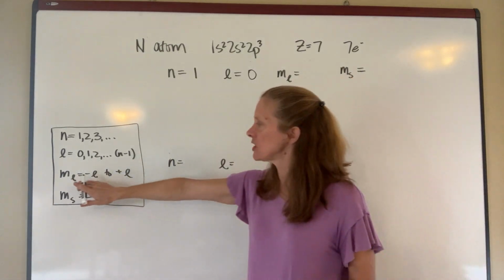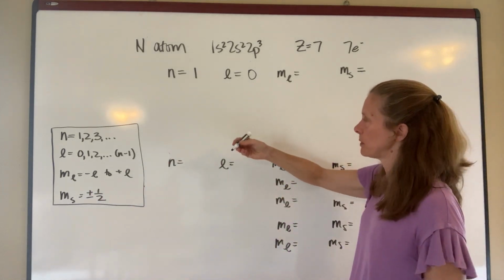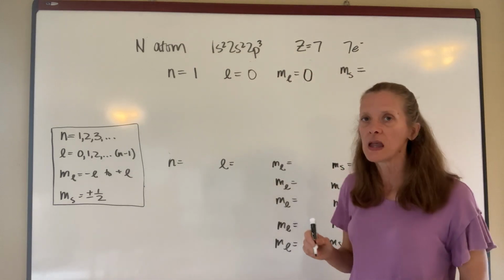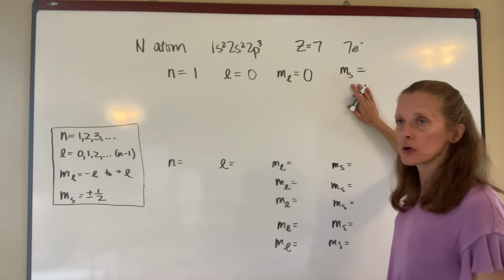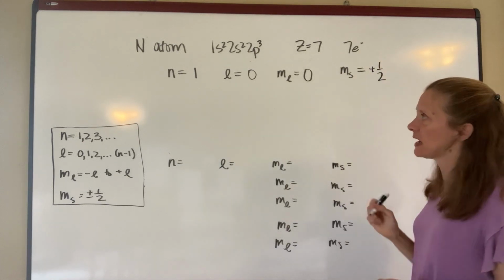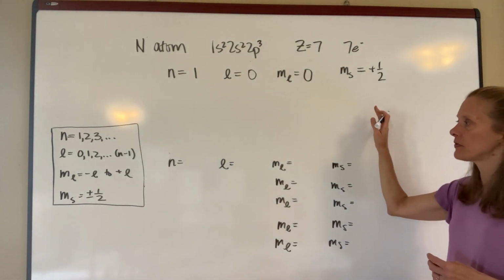If L equals 0, then the only thing that m sub L can be is also 0, because I can't have a negative or a positive 0. So this is also going to be 0. And then by convention, when I assign the spin number, I usually assign the positive 1/2 before I assign the negative 1/2. So there's my first electron that goes in.